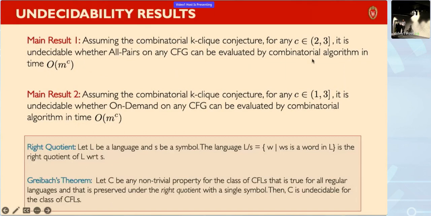And how do we show these undecidability results? This is basically an application of Greibach's theorem. Greibach's theorem says that if there is a non-trivial property for a CFL problem that is true for all regular languages, and it needs to be preserved under the right quotient, so this is a special property that you require for your languages, then it is undecidable for the class of CFLs.